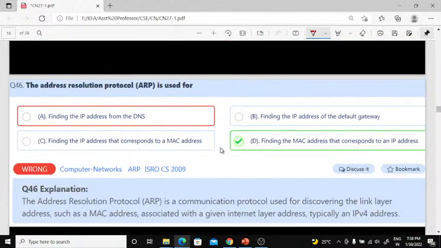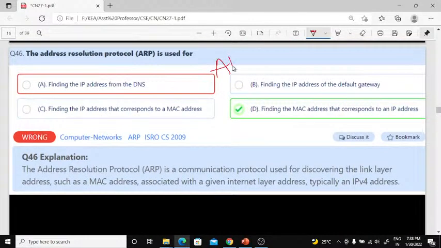The Address Resolution Protocol, ARP, is a communication protocol used for discovering the link layer address, such as a MAC address, associated with a given internet layer address. Finding the MAC address that corresponds to an IP address.